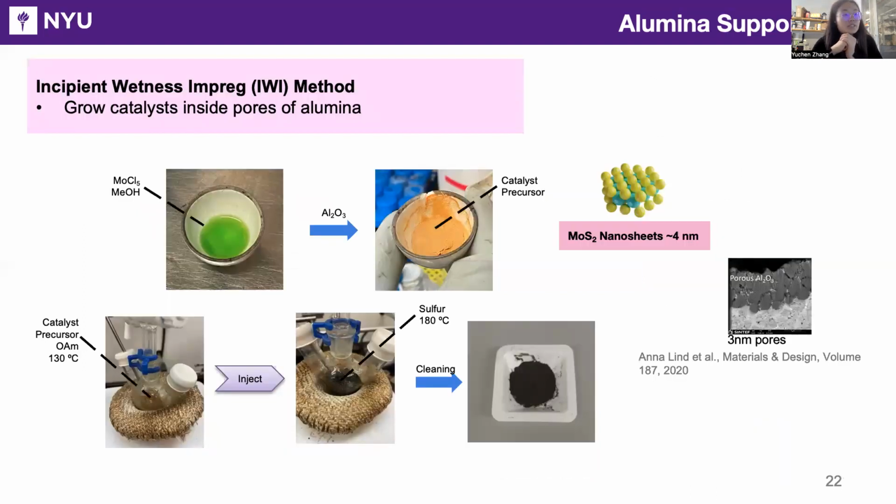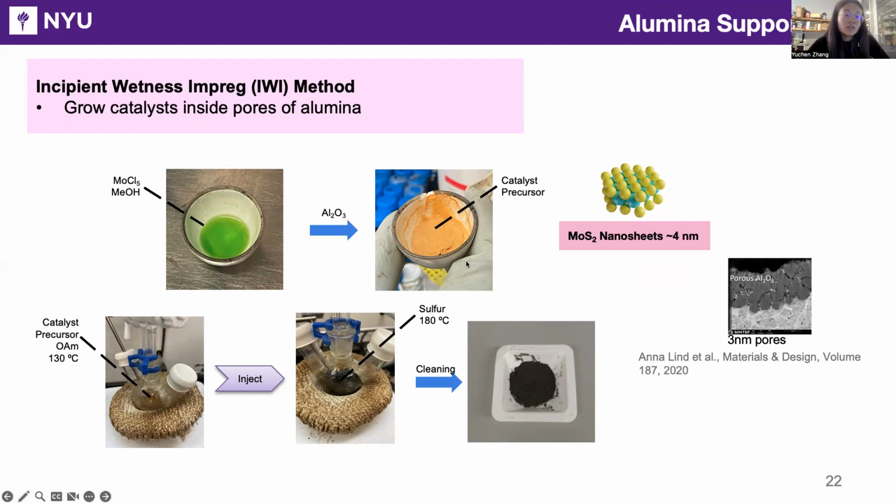Therefore, we updated our method using incipient wetness impregnation. In a typical process, alumina is wetted drop by drop with methanol and vanadium chloride to form an orange catalytic precursor, and dried overnight.